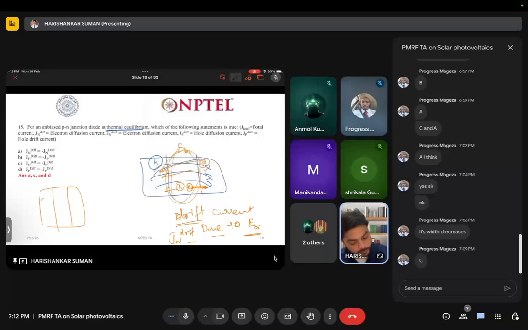Electrons diffuse, due to this diffusion current, but due to the built-in electric field inside here, electrons and holes are formed inside here, so this electron is forced to go in the opposite direction like that. So this is drift.